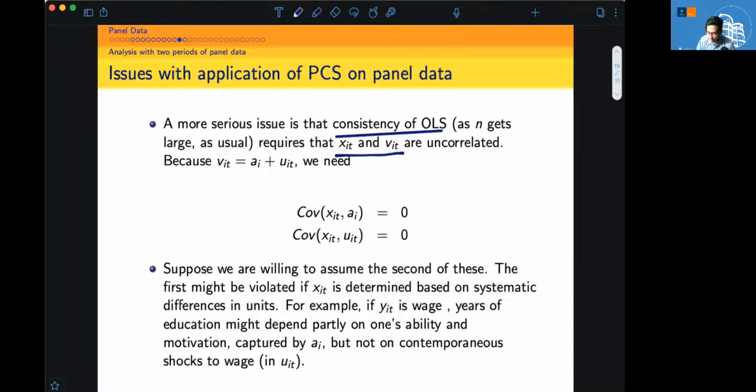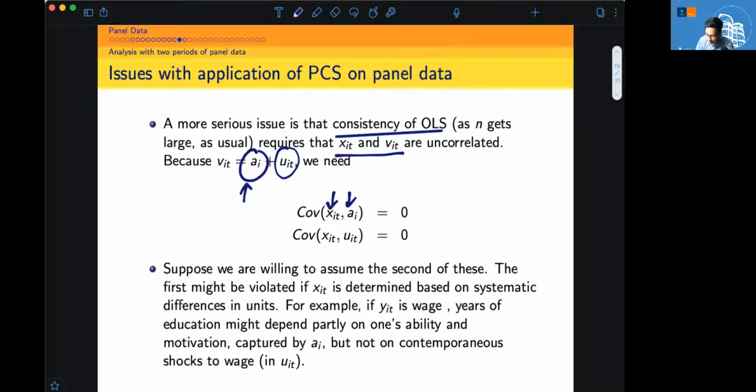Okay, so basically, consistency or unbiasedness requires that the explanatory variables and the composite error term are not correlated. However, since the composite error term includes not only the shocks, again, we assumed in previous slides that the shock is uncorrelated with the explanatory variable of interest, but we do not make any assumption on the relationship between the unobserved heterogeneity and the observable characteristics.